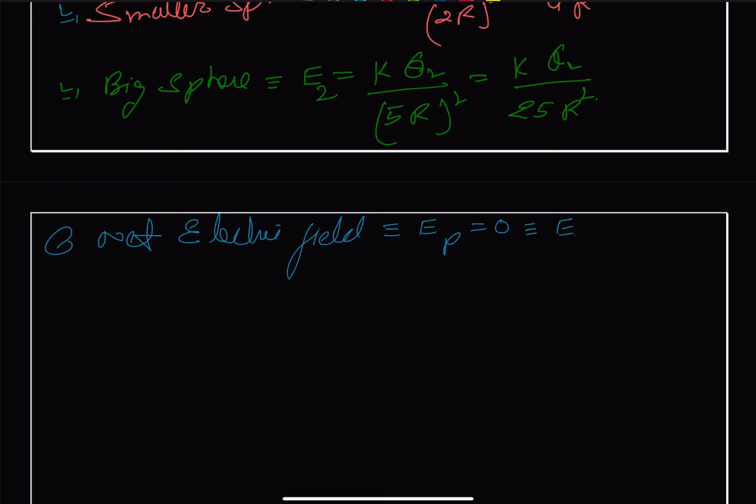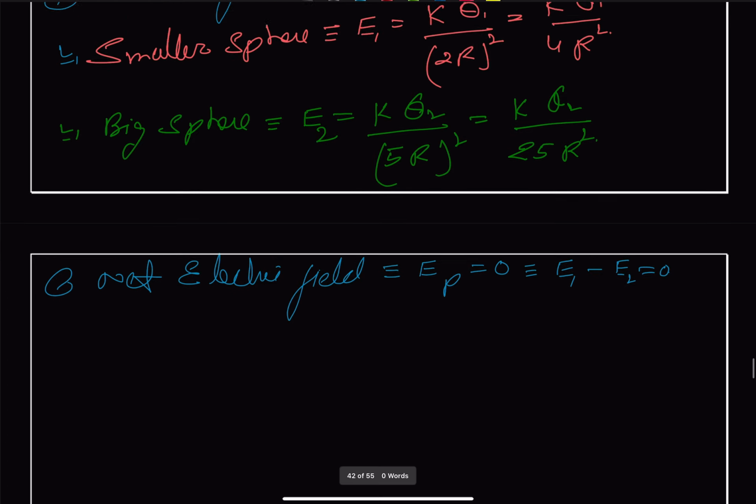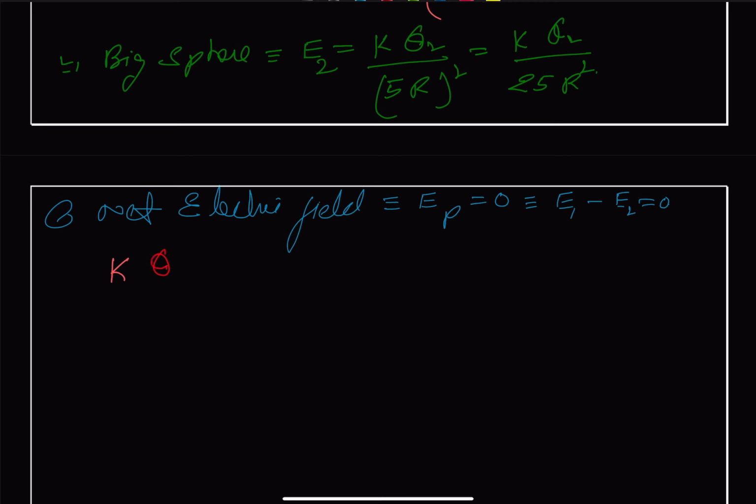So E1 minus E2 will be equal to 0. And simply substitute the values. E1 we got is k q1 upon 4r square, so k q1 upon 4r square minus k q2 upon 25r square is equal to 0. And from here we can write that 25 into q1 is equal to 4 times q2.